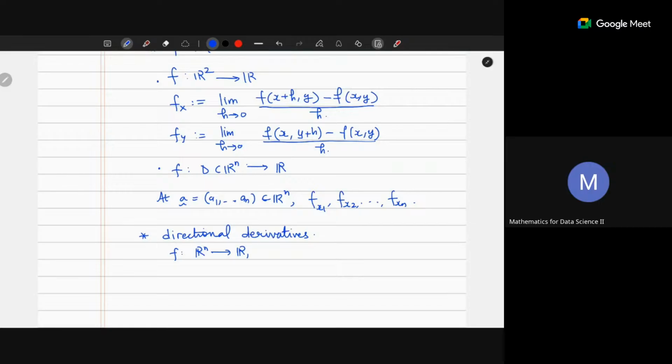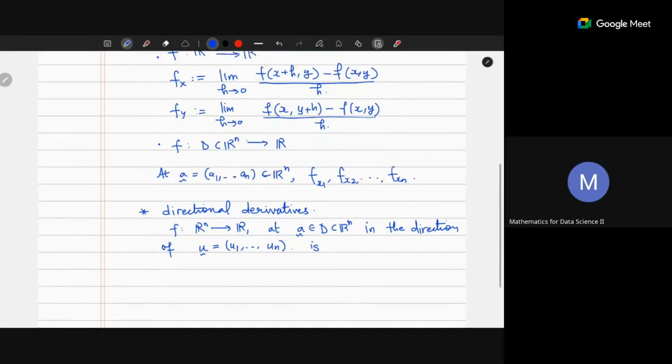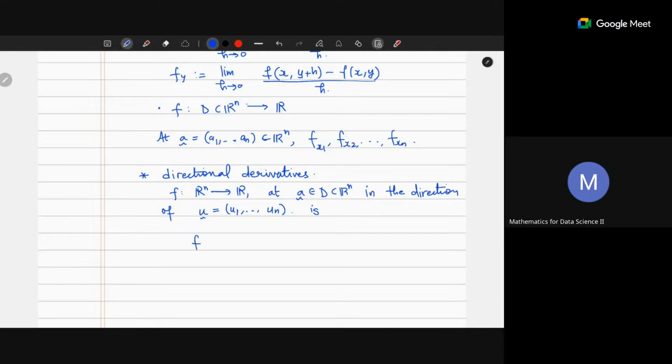All right. So the directional derivative of a real valued multivariable function at a point a in Rn, inside the domain D, in the direction of a vector u, which is given by u1 up to un, is equal to the limit of the one variable function defined in the direction of u.